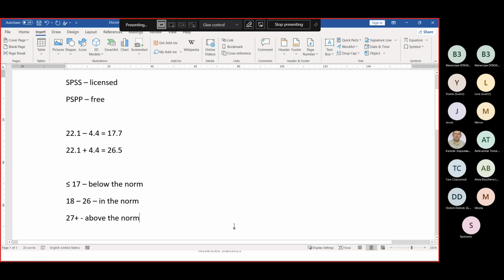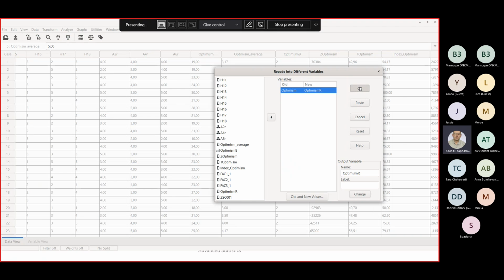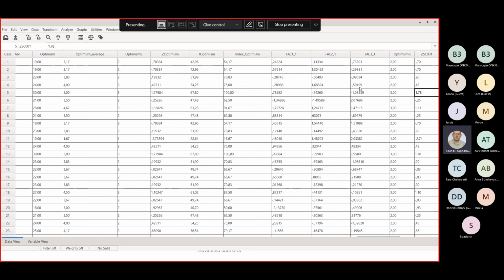And then OK. And here we have the new variable optimism R. And these are the values 2, 3, 1, and so on.